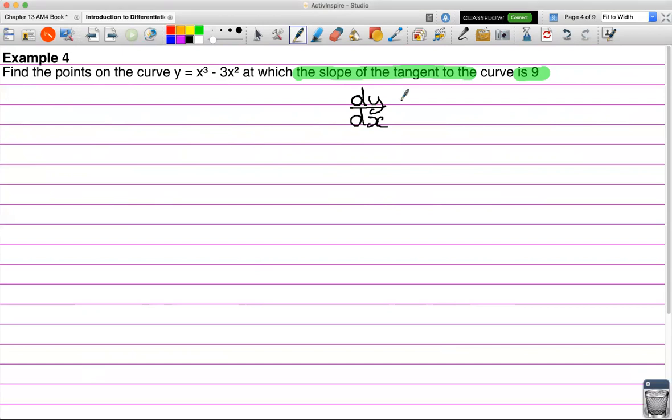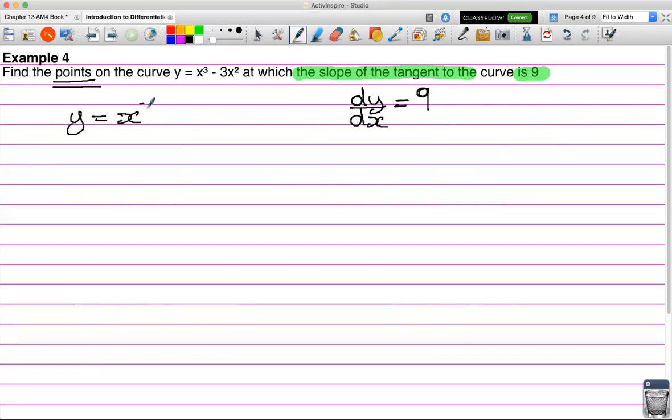The word "is" is another way of saying equals. So what we have there is we have been told dy dx is equal to 9, and we are now going to be looking for points. And points, of course, is x and y values. So let's just follow where it leads.